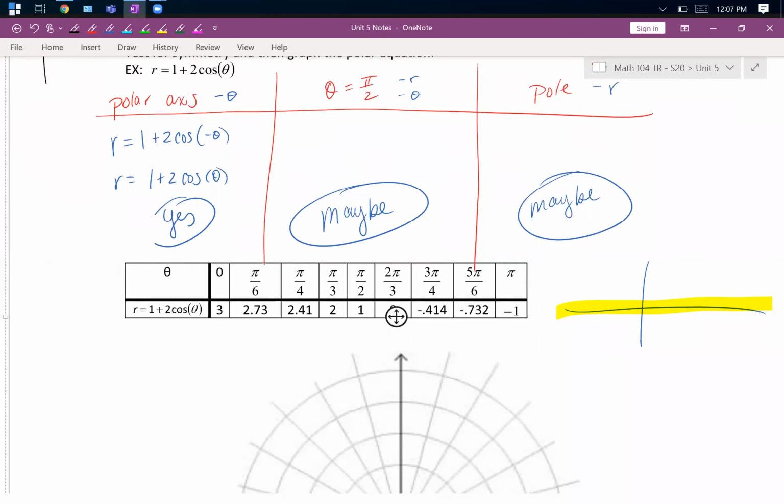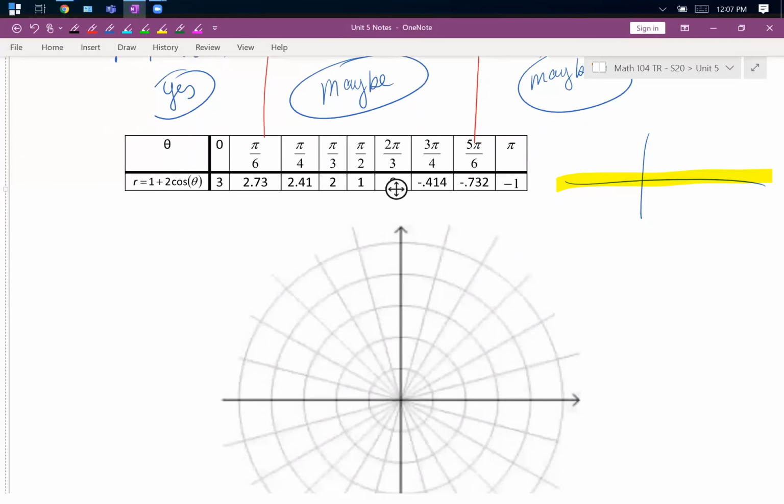and got those points. So I'm going to graph them. Apparently you guys all have already, so I've got to catch up. So going to angle 0 and then out 3, angle pi over 6, 2.73. All right, so then here I'm out at 3 pi over 4, but my r value is negative, so I need to go backwards.